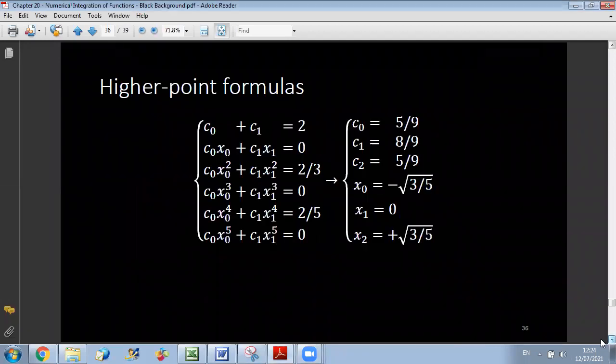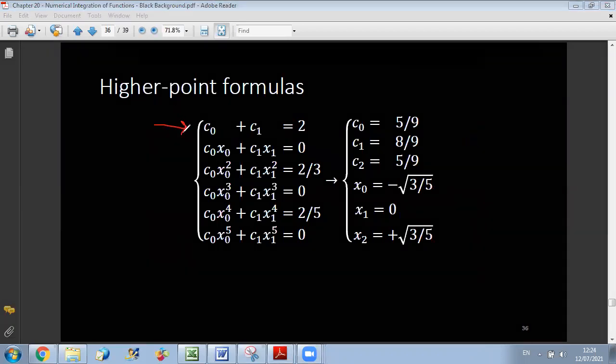So let us write together the 6 equations they should satisfy. Again, we follow the same procedure. Please try to do it as practice. The first equation, you will get by imposing the same value of integration for a constant function. The second equation, you get by wanting an exact integral for a linear function.